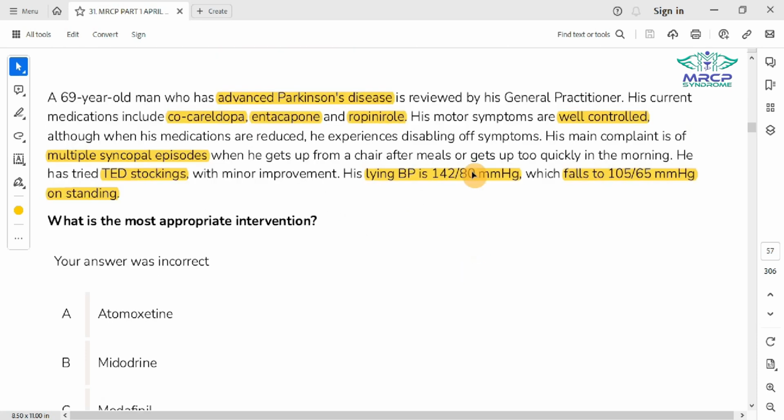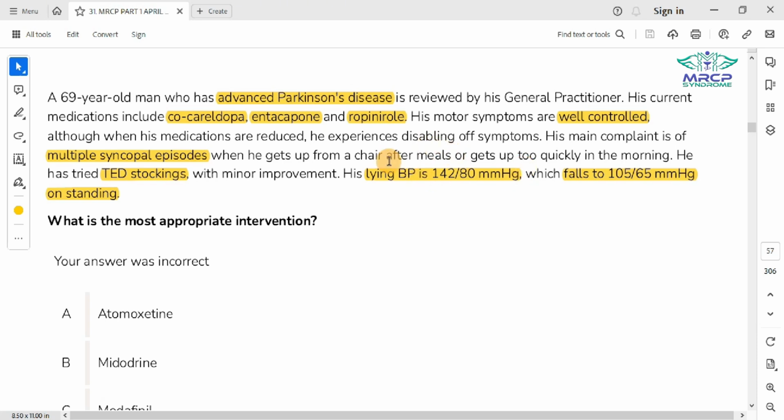So diagnosis: Parkinson's disease plus features of postural hypotension, meaning there is autonomic dysfunction. So PD plus autonomic dysfunction is MSA, multi-system atrophy.